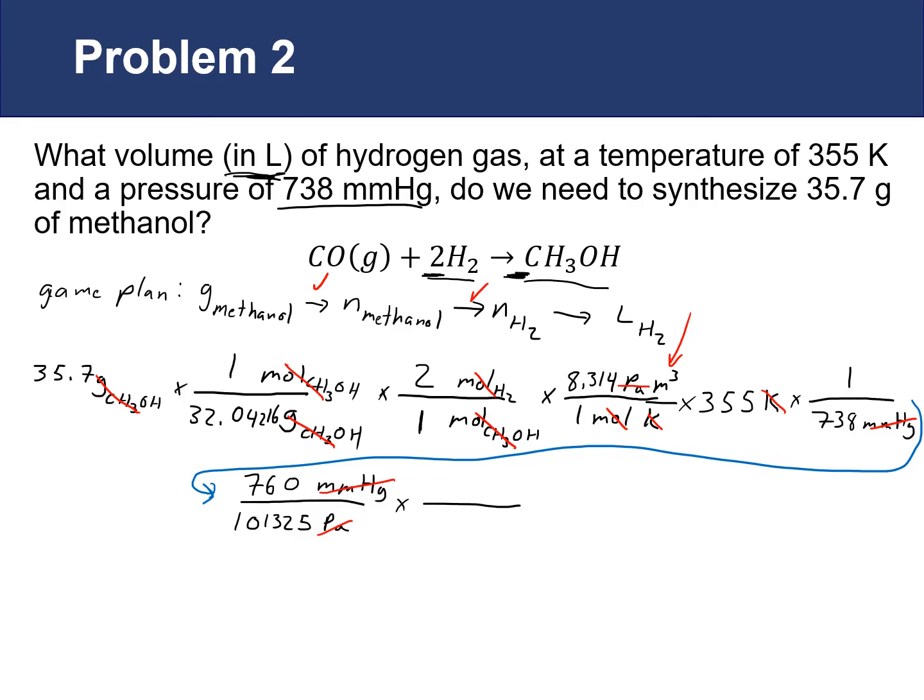Keeping in mind that a cubic decimeter is a liter, so we're going to convert into decimeters. We're going to convert out of meters, which is the unit that we currently have. So 1 meter is 10 decimeters. We want to cube that because we have meters cubed. Our meters cubed now cancels out. And then 1 liter is a cubic decimeter.